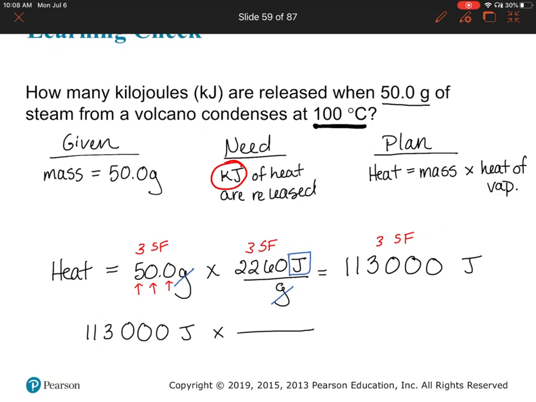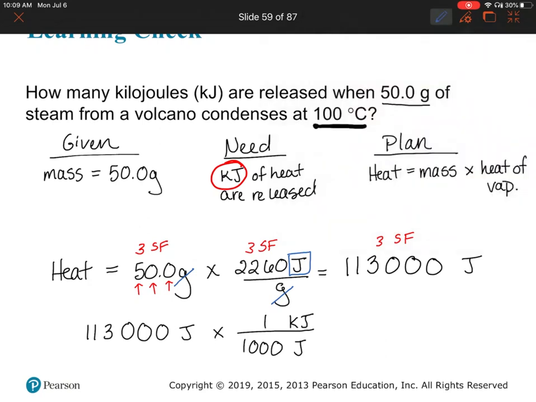And I want to convert to kilojoules and get rid of joules. So how many joules are in 1 kilojoule? 1,000. Okay, so for every 1 kilojoule, there are 1,000 joules.